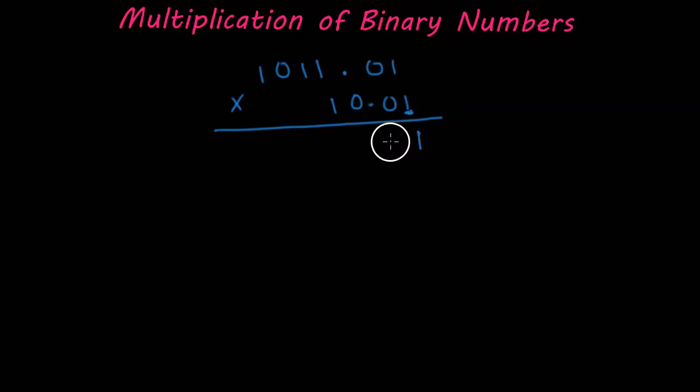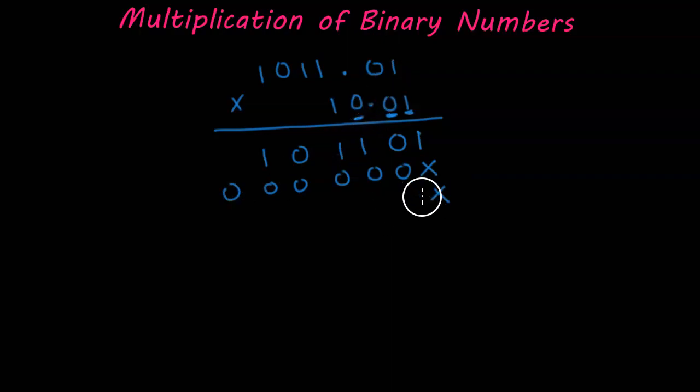So it's 1 into 1 is 1, 0, 1, 1, 0, 1. Then you leave one space, then you multiply with 0. So we have 0, 0, 0, 0, 0, 0. Then again we have 0. So it's 0 into 1, and you leave two spaces. So you have 0 into 1 is 0, 0 into 0 is 0, then 0, 0, 0 and 0.